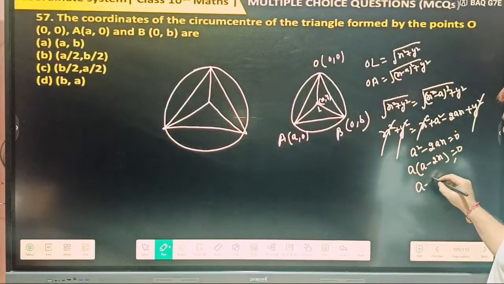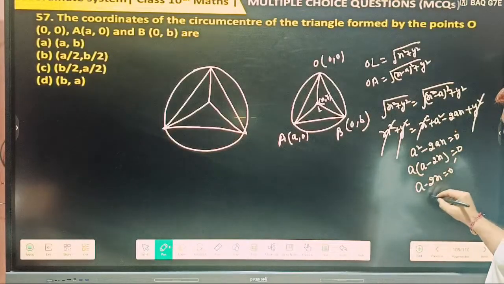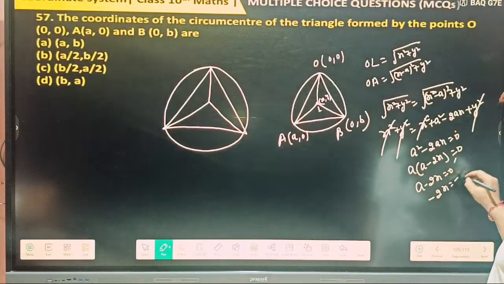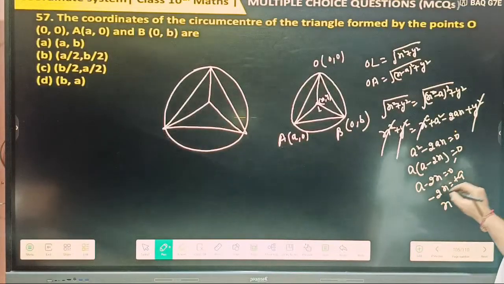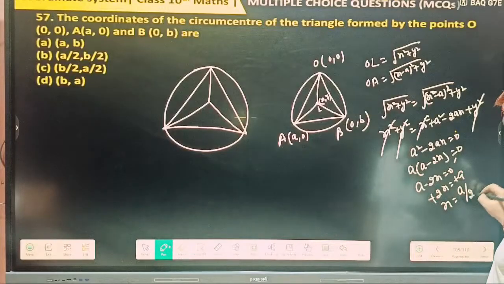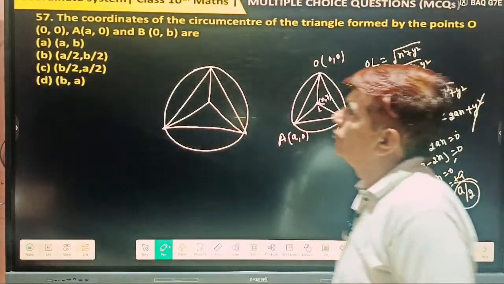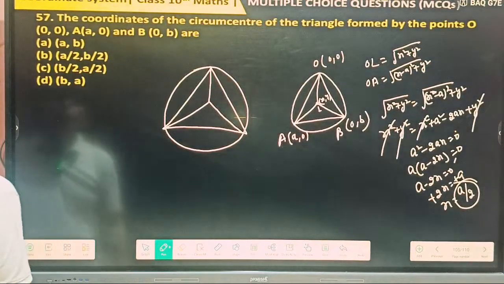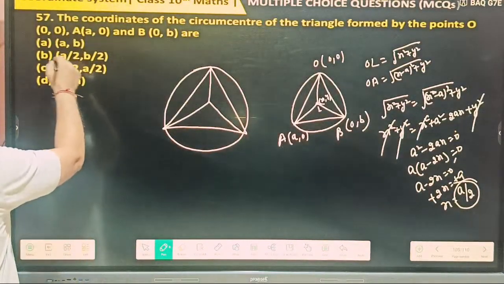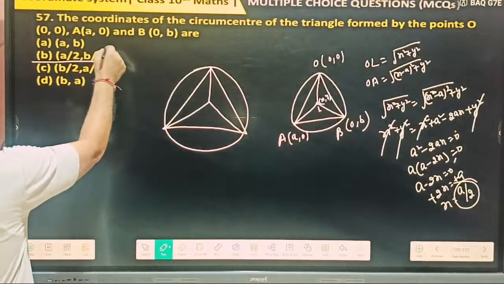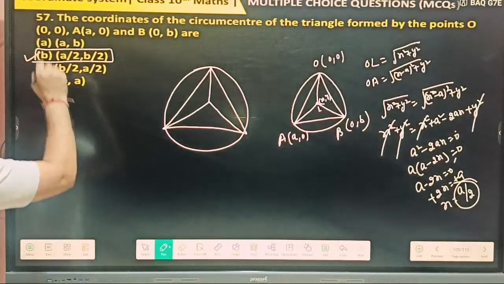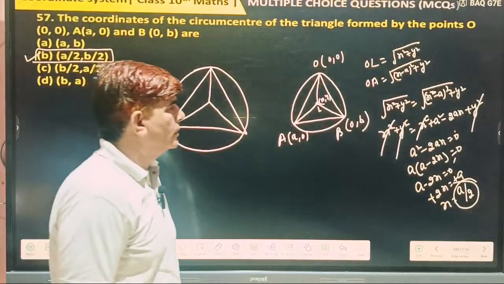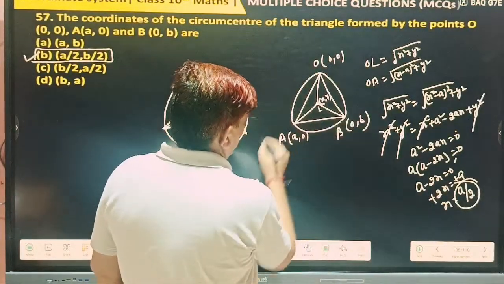So A minus 2X is equal to 0, so X is equal to A by 2. Directly we can say this is its answer, if doing it in a competitive exam. Otherwise, find this out also.